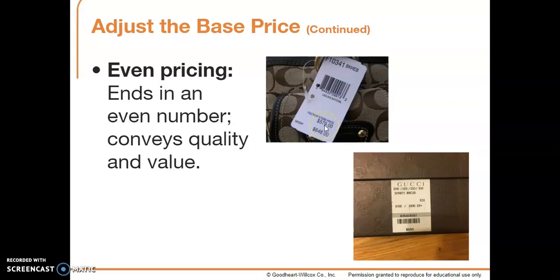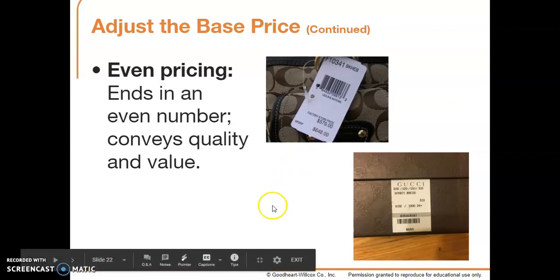So you can see here it's priced with a 9 at the end, 579, all odd numbers. So this is the manufacturer's suggested retail price, which conveys quality, but we know when we go into that factory store that it's going to be marked down. They're getting a discount with those odd numbers. So just something to take into consideration.